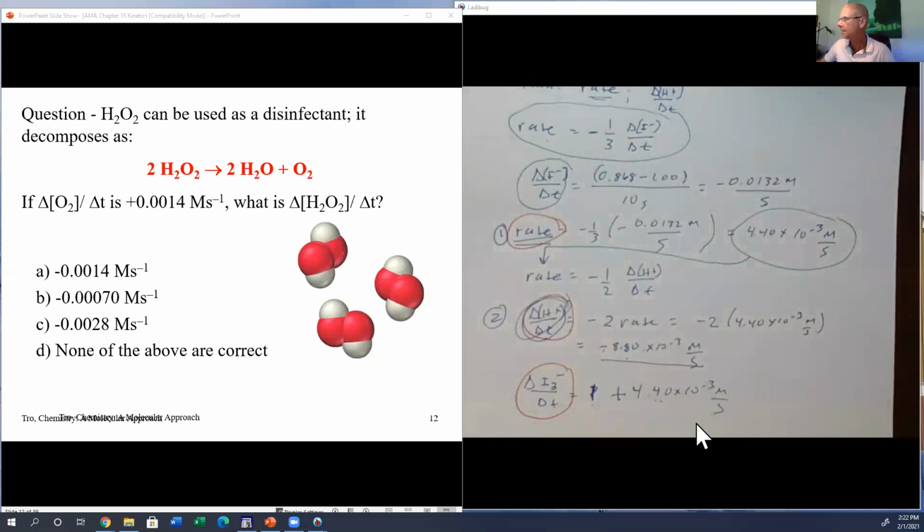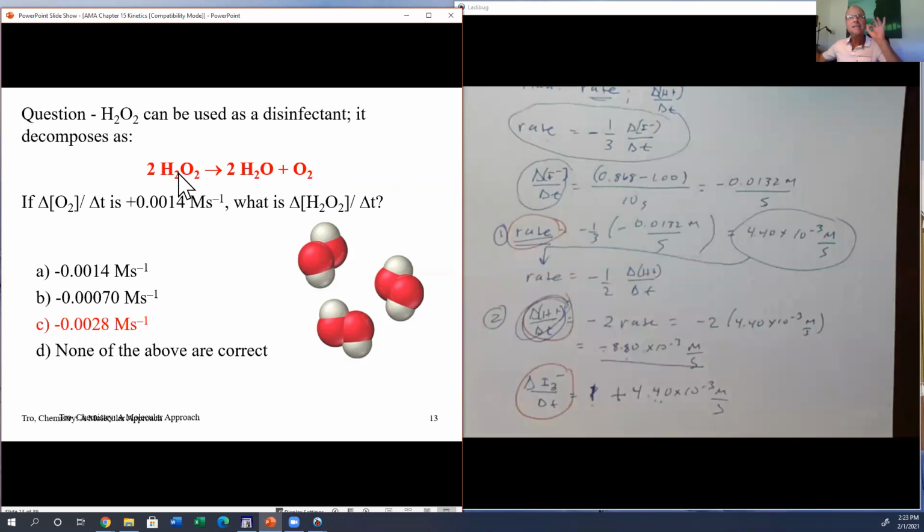Okay, awesome. Most of you put down the right answer, which is C, right? If this is changing, if this is 0.0014, positive, then this is minus twice that change, okay?